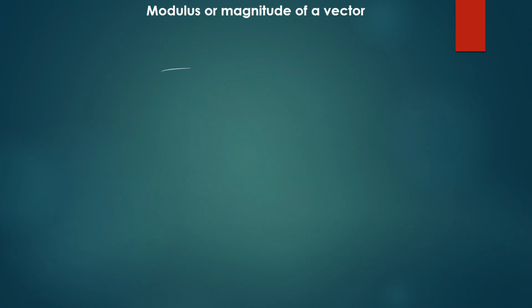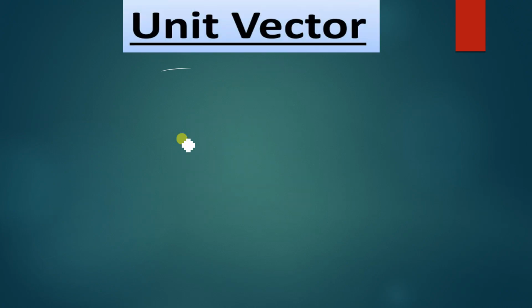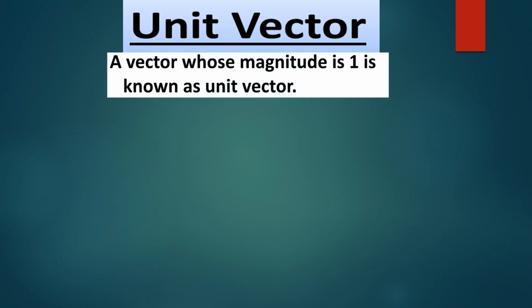Before I even go there, what is a unit vector? A unit vector is simply a vector which has the magnitude equal to 1. So if you find the magnitude of a vector is equal to 1, you have to know that the vector you are dealing with is known as the unit vector.